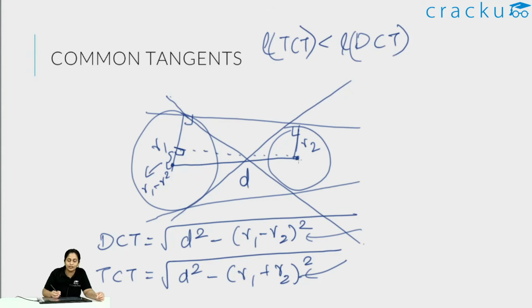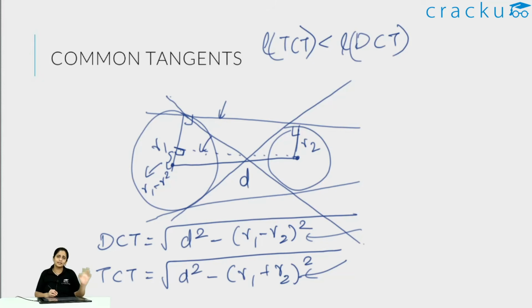One side is R1 minus R2, and the other side is essentially the parallel side of the rectangle. The length of the direct common tangent is one side of the rectangle and the other side is this side of the right angle triangle. So by Pythagoras theorem we get the length of this side, which is equal to the length of the tangent. So from there we get the square root of D square minus (R1 minus R2) the whole square. This is basically just from Pythagoras theorem.